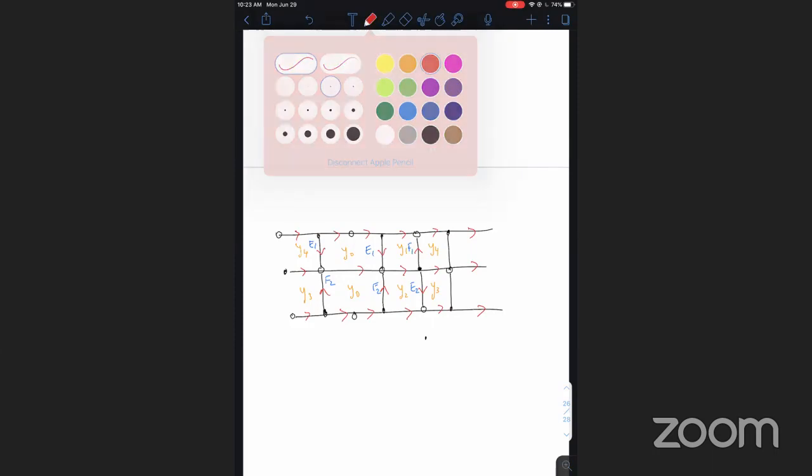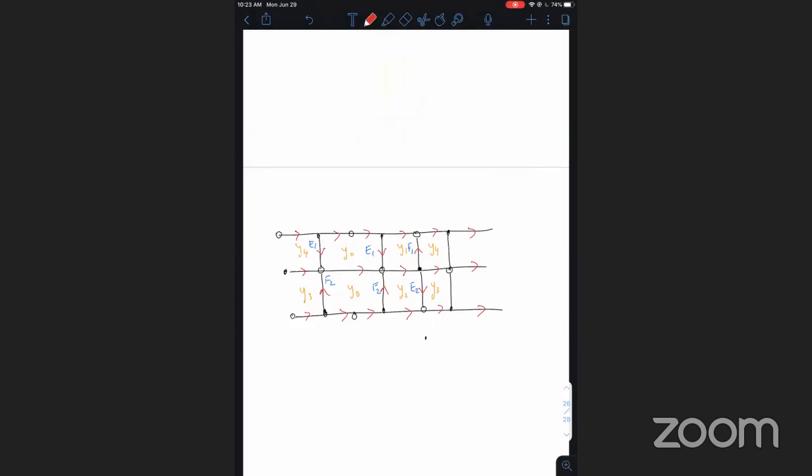I forgot to do these guys. No, sorry, in fact, we don't even need this. So in this case, it corresponds to this product, E1, F2, E1, F2, F1, E2. So it's a non-reduced word.